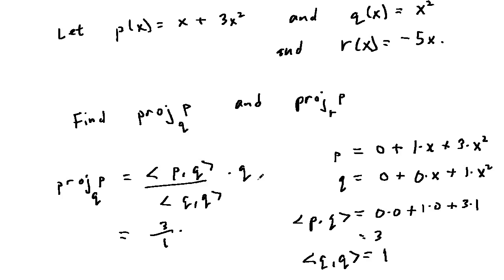And then we have Q itself, which is the polynomial x squared. So we get 3x squared. So when we take P and project it onto Q, we get 3x squared.